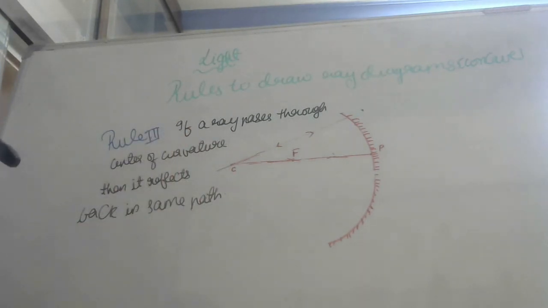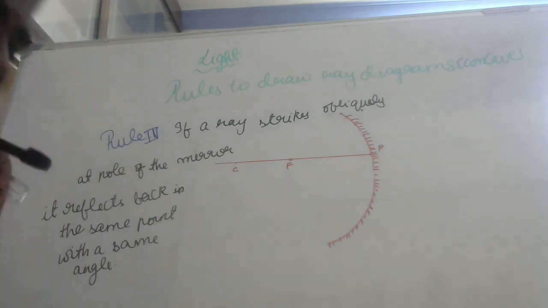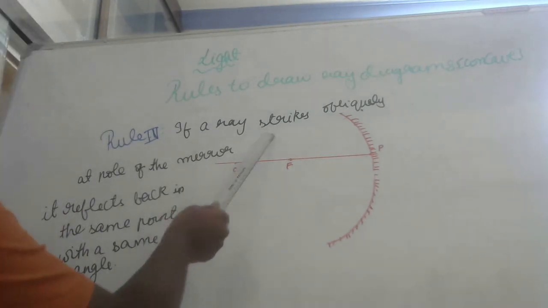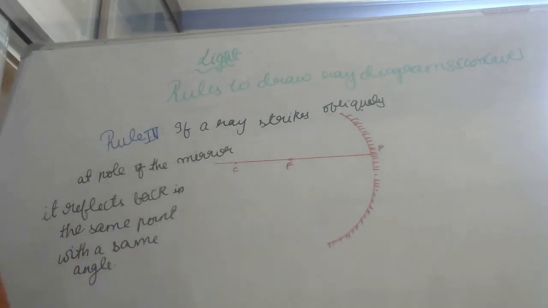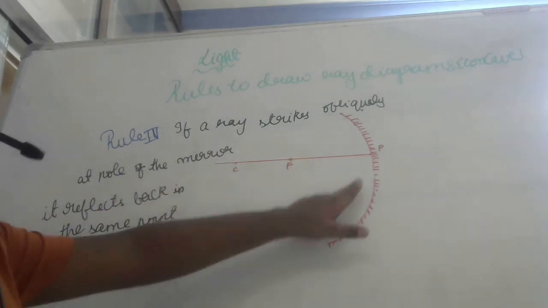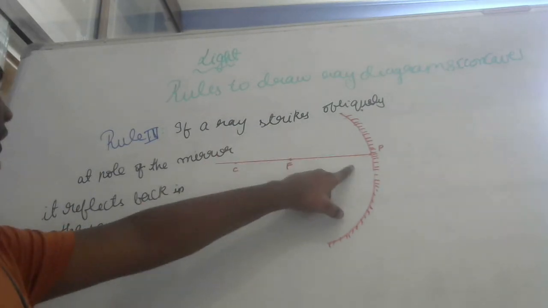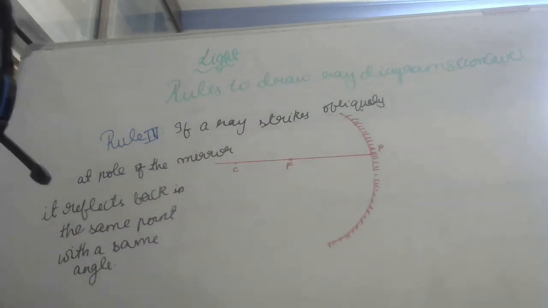Now the last rule which is left, that is rule 4. Let us quickly wind up with rule 4. What does rule 4 say? If a ray strikes obliquely at the pole of the mirror, it reflects back at the same point with the same angle.